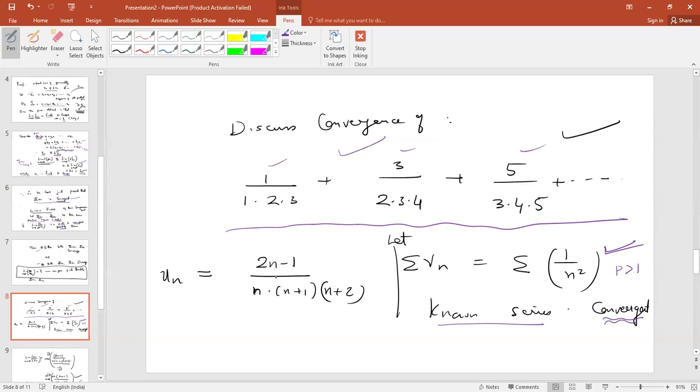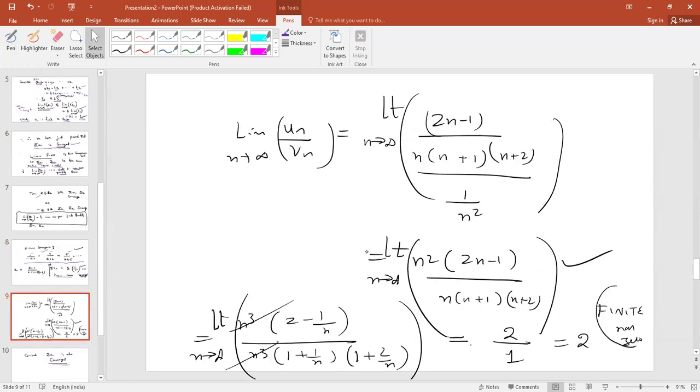Let's see, when I put this in the numerator and this in the denominator and take the limit, what happens? See, I'm putting in the numerator 2n minus 1 divided by n into n plus 1 into n plus 2 and denominator 1 by n square. This is the Vn term and this is the Un term. Now when I do the limit, I have to simplify obviously. I first take this n square on the top.